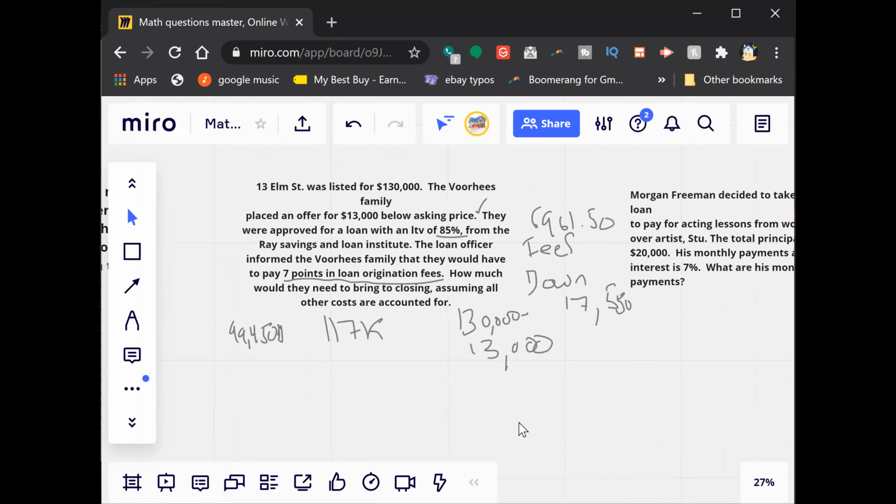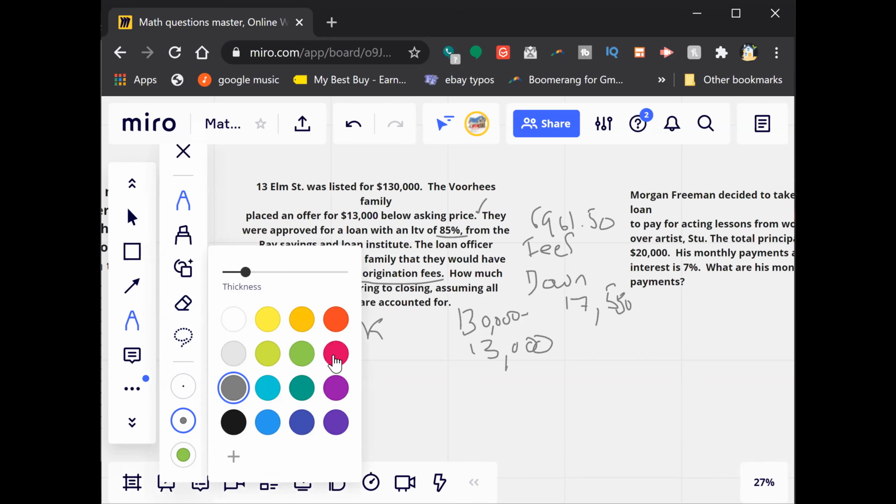Okay. So if you add those two numbers together, 17,550 plus 6,961.5, it would equal $24,511.50. So let me write that down, and that should be our answer. Okay.